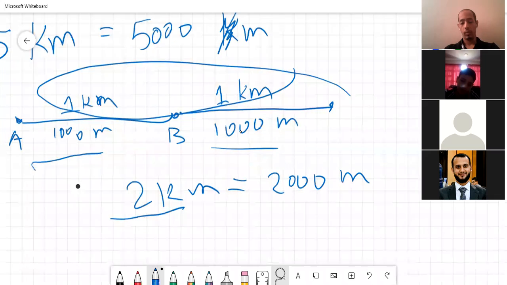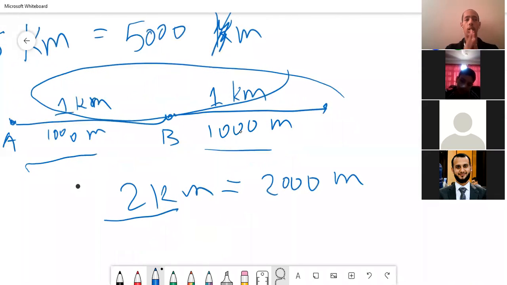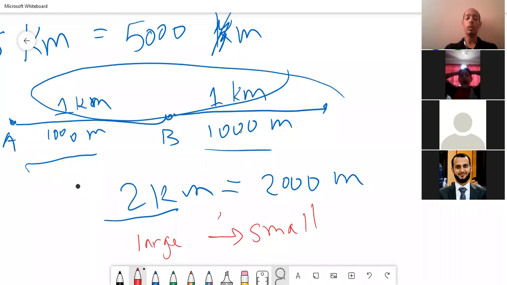Which is bigger, 1 kilometer or 1 meter? 1 kilometer is bigger. So when we convert from a larger unit to a smaller unit, we multiply.